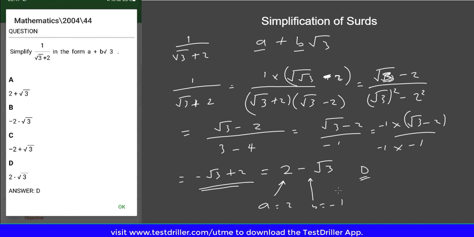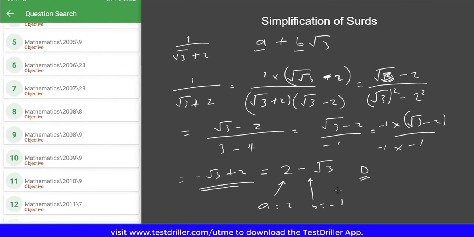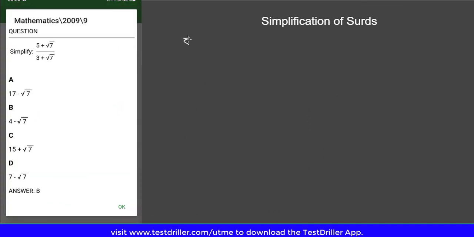So let's solve the last question, which is question 9 from year 2009. We have 5 plus root 7 divided by 3 plus root 7. So to simplify this is to rationalize this, to make this denominator a rational number.